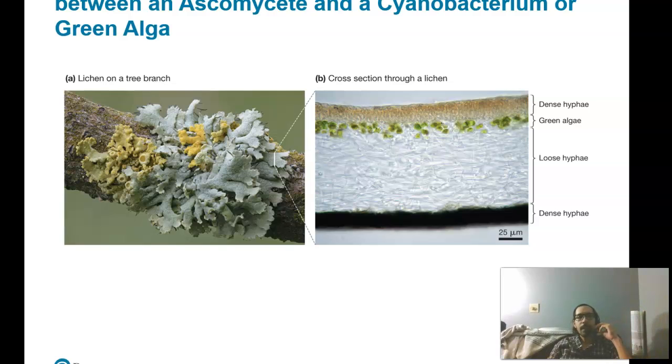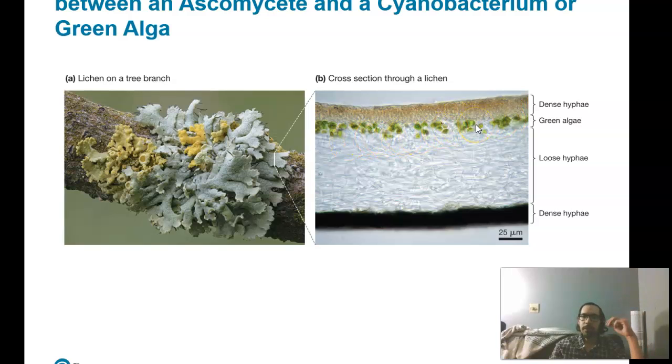Okay. Here you can see the lichen on a branch, and when you look at a cross section of lichen, you can see the dense hyphae. So this is part of the fungi covering the outside here. Because remember, it's a cross section. So if this is like the branching of the lichen, they're cutting it from the front. And then you can see underneath the hyphae, the green algae.